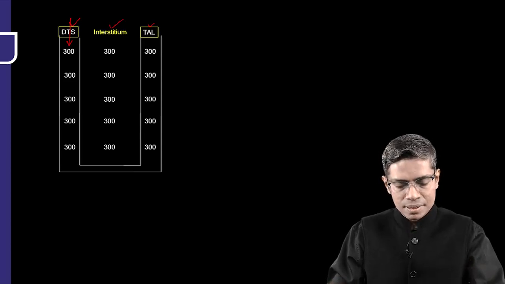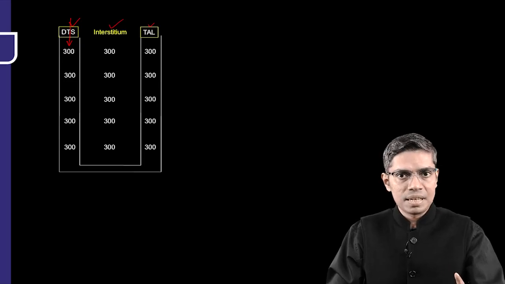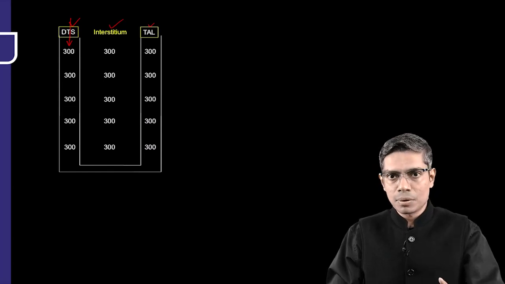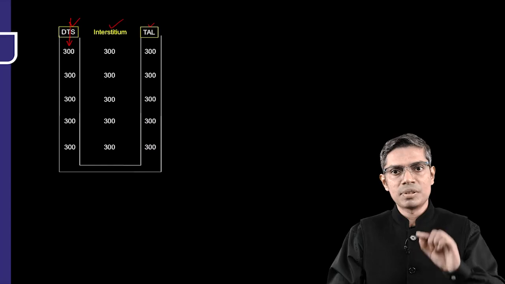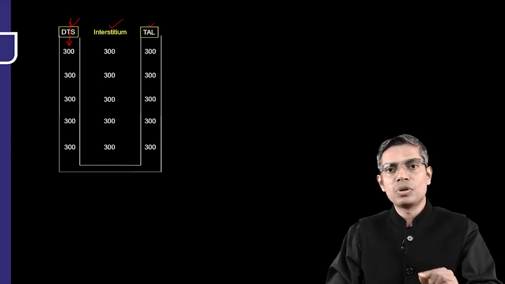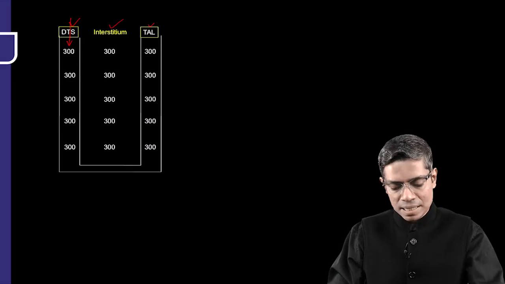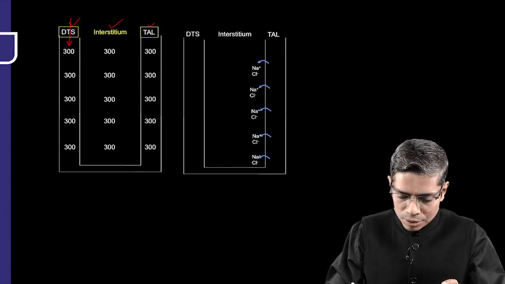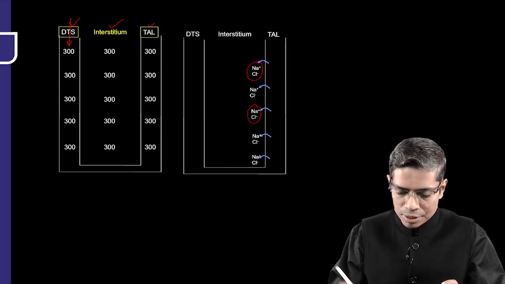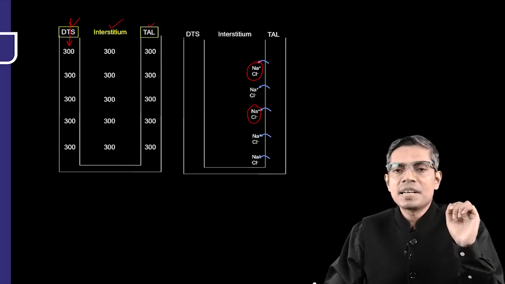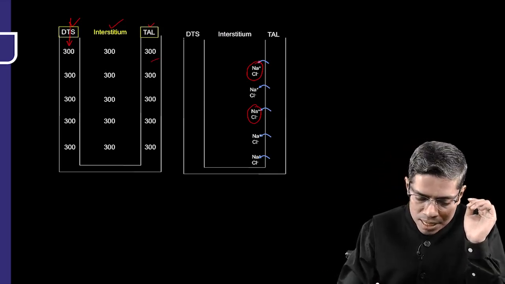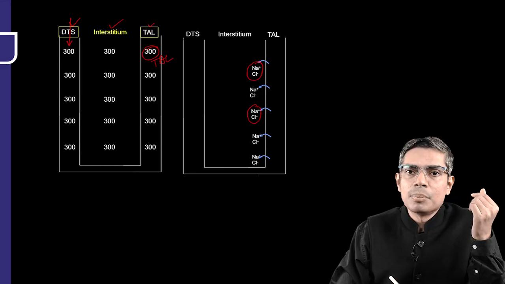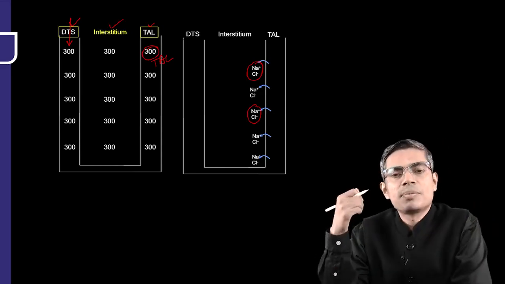Now what next? The first important step in countercurrent multiplier is reabsorption of sodium and chloride and potassium, but potassium will diffuse back into the lumen. So sodium and chloride reabsorption from TAL is going on. You are reabsorbing sodium and chloride from this 300.